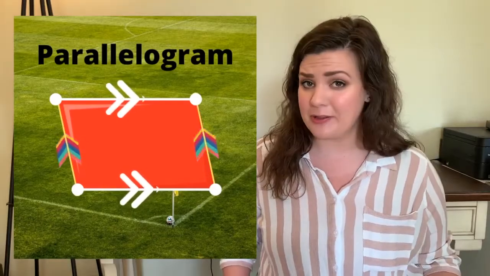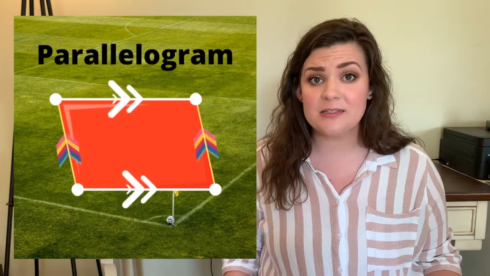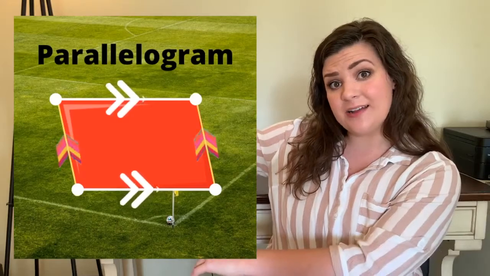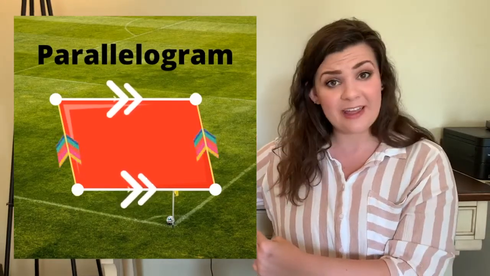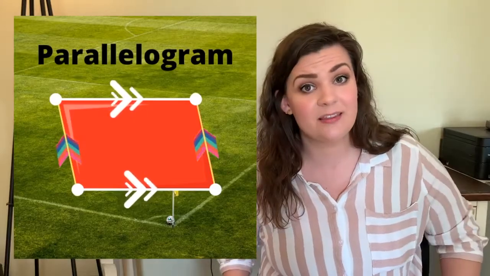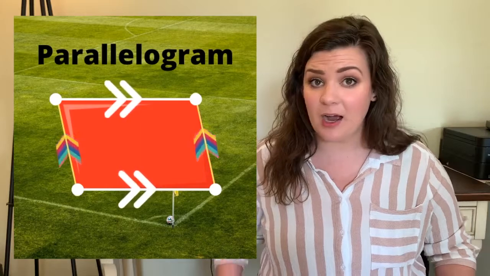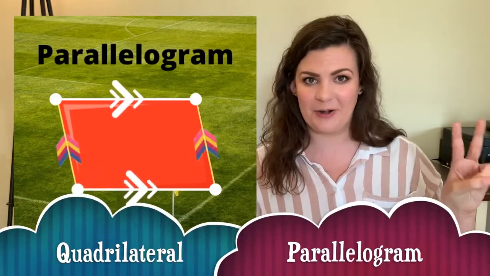Not only do parallelograms have two pairs of parallel sides, but those parallel sides are equal in length to each other. Do you see how these two sides are the same length? Can you see how these two sides are the same length? As long as the pairs are the same length, this quadrilateral can be a parallelogram. So this polygon here is known as a quadrilateral and a parallelogram.